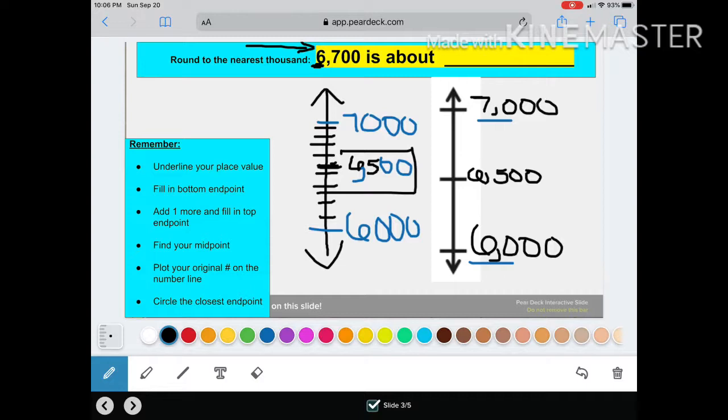Would it go before my midpoint? Or would it go after my midpoint? What do you think? Is it less than my midpoint? Or is it more than my midpoint?